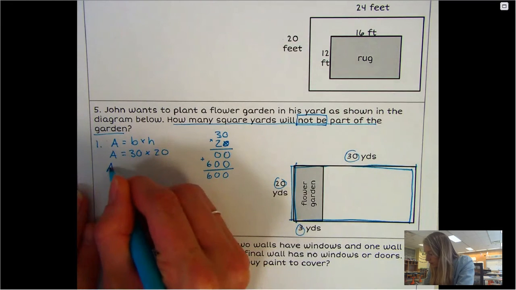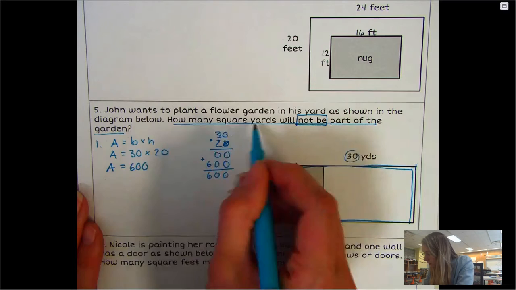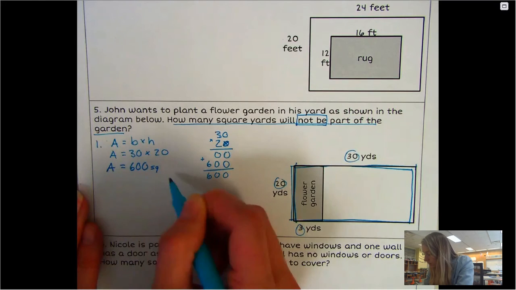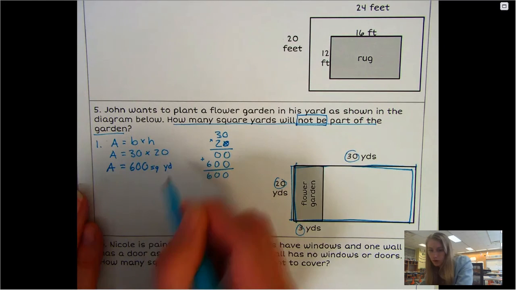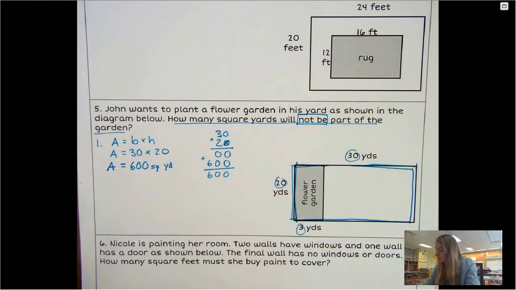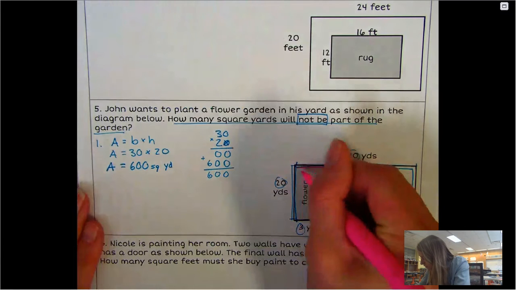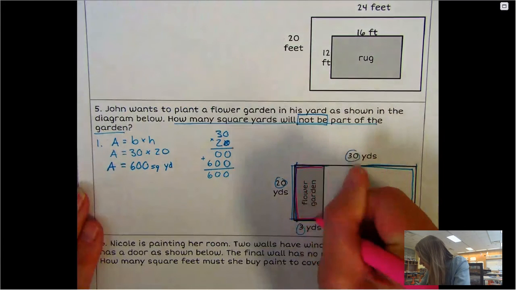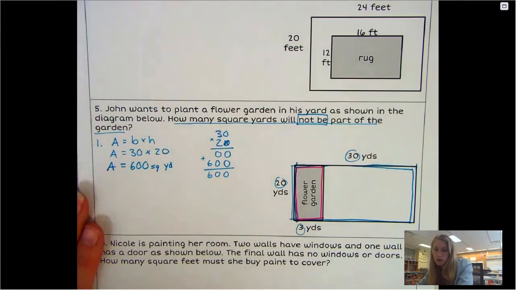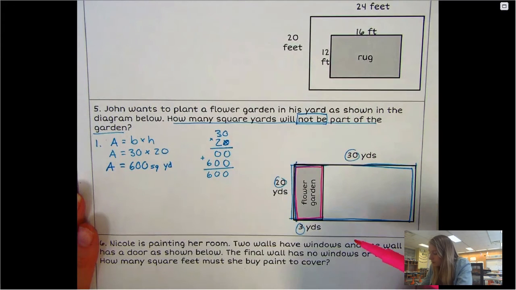So that means my area is 600 square yards. SQ for square, YD for yards, square yards. So now I figured out the blue part, but now I need to figure out this other part, this remaining part. So I'm going to color that in pink right here. I need to take out this flower garden part.